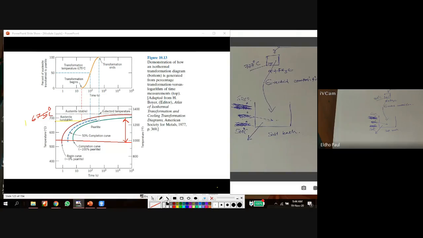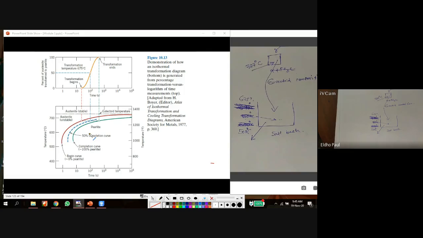And in this area, again we can divide into two. In the upper region we have coarse pearlite, and in this lower region we have fine pearlite. Fine pearlite is formed because in this lower region the temperature is low, so a large number of nuclei will be formed, resulting in very small layers of Fe3C and alpha.